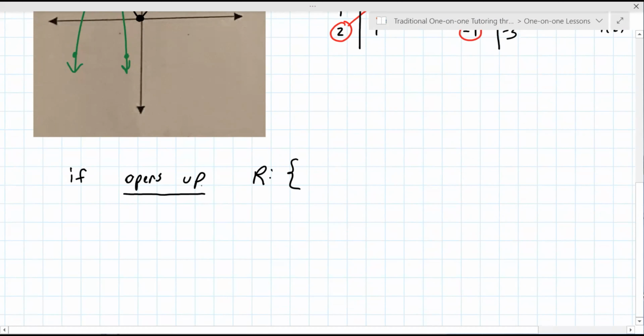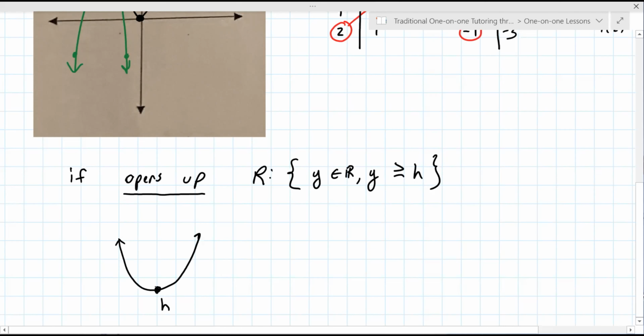So it's right here. If the graph opens up, and that looks like this. Okay, it's y element of the real numbers, comma y greater than or equal to whatever the h is.